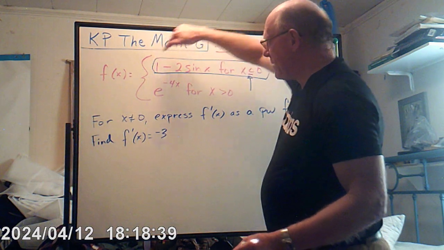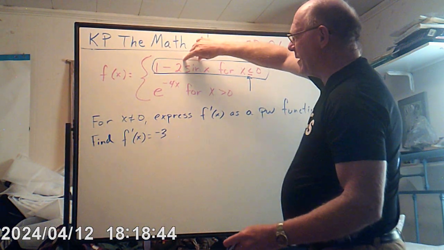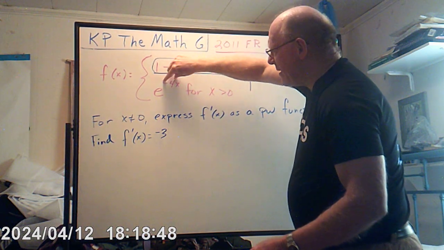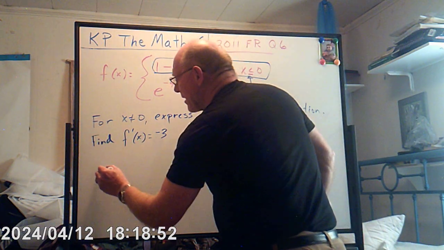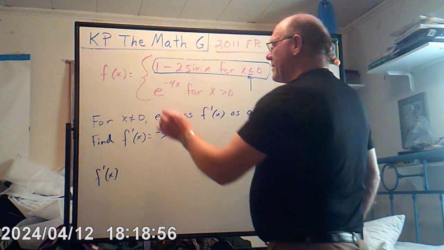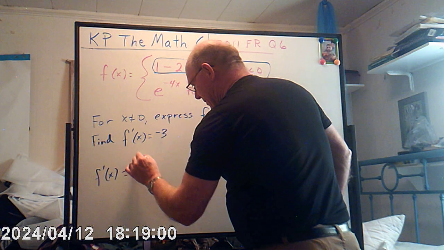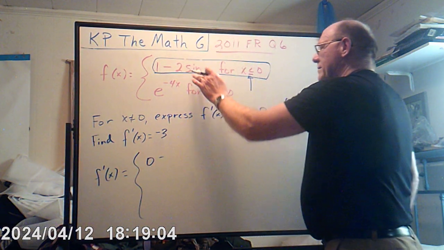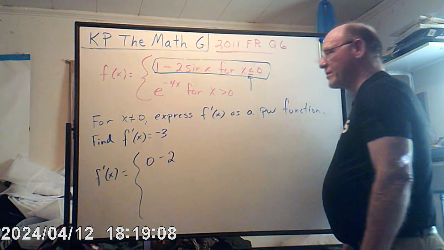F prime at x is, well, for x less than or equal to 0, we're looking at this derivative. For x greater than 0, we're looking at this derivative. All right, so let's do this derivative here, f prime at x. All right, now let's think about this. The derivative of 1 is 0 minus, okay, now the derivative of sine is cosine.